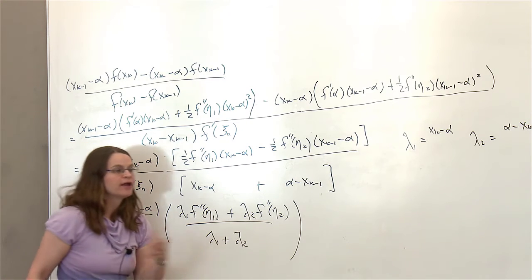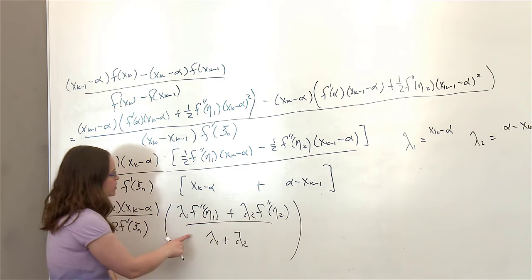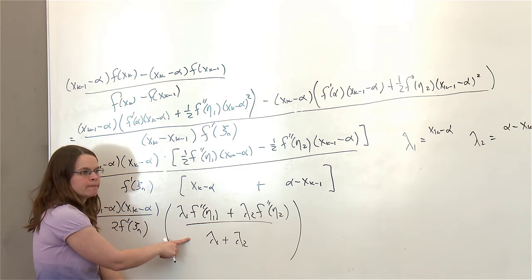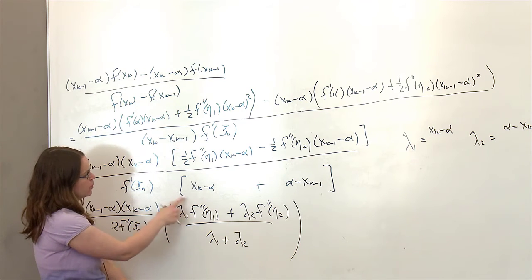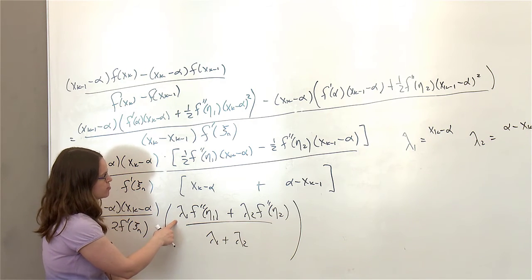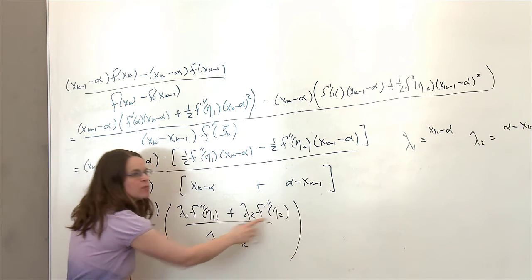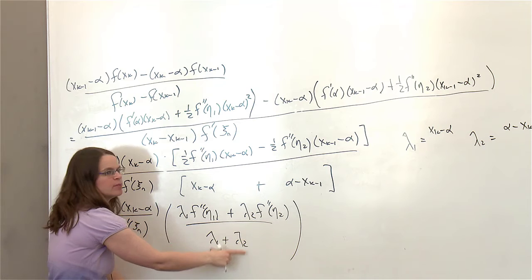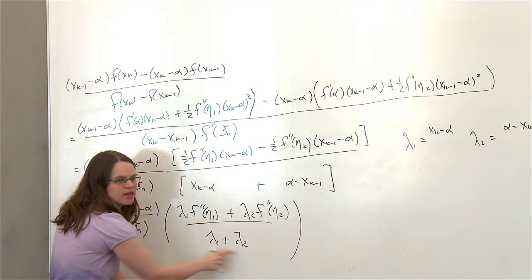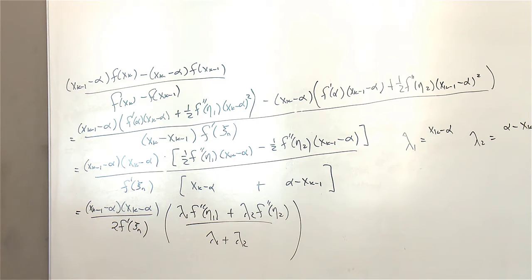A midpoint, yeah, or an average, right? So this is a weighted average. Here I'm saying some weight times f double prime 1, and some weight times f double prime 2, and my weights are going to sum to 1 because I've divided by lambda 1 plus lambda 2. So this is actually an average.